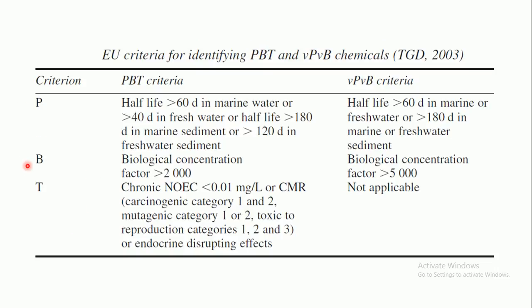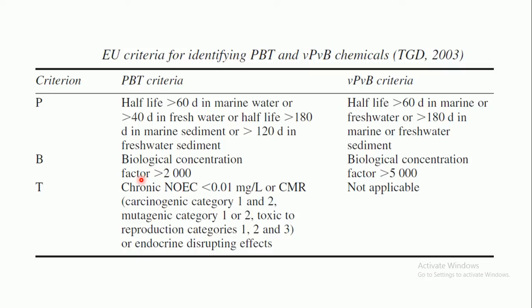Now when do you categorize it as bioaccumulative? When the biological concentration factor is more than 2000. Now what is this biological concentration factor? This is a parameter to understand the effects which are shown in a particular species as compared to its occurrence in the environment.